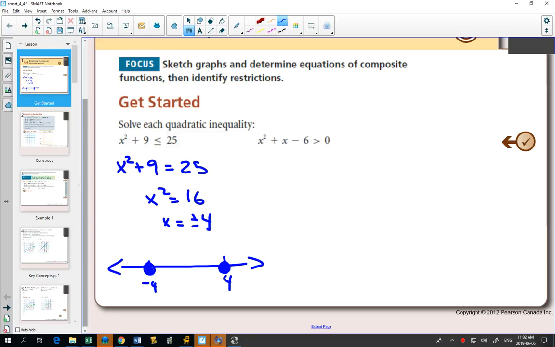We just tried 0. 0 is in this middle section, and it worked. So we can say that the entire middle section is true. If we try something less than negative 4, like negative 5, negative 5 squared is 25, plus 9 is 34, which is not less than or equal to 25. This section is false. Similarly, if you tried a number like 10, it wouldn't work either.